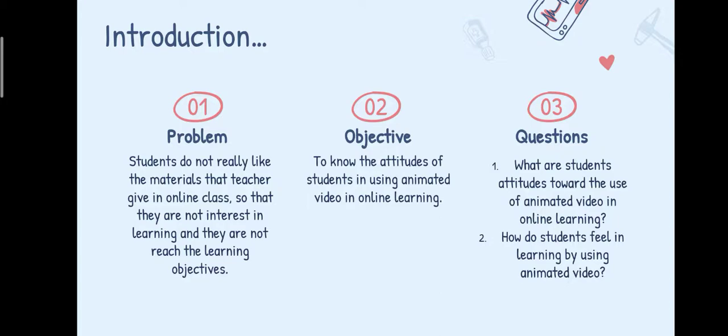So, this is the problem of the research. Students do not really like the material that the teacher gives in online class, so they are not interested in learning and they do not reach the learning objective.